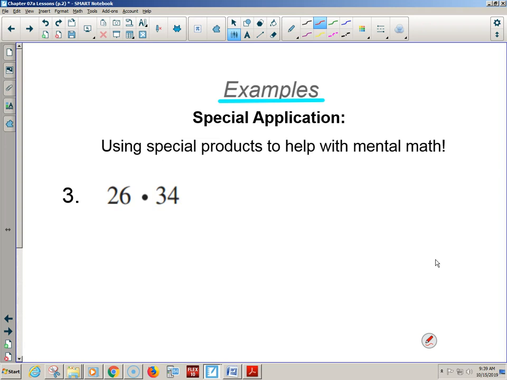We have 26 times 34, right? Do you guys agree? Is there a way to rewrite these two numbers with parentheses to show the multiplication with maybe a plus and a minus?